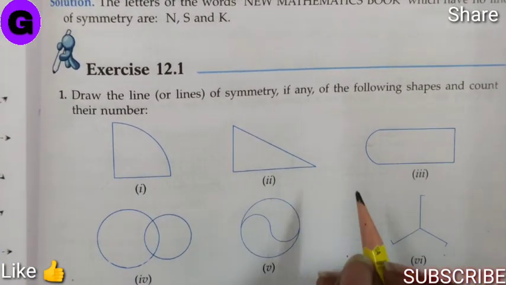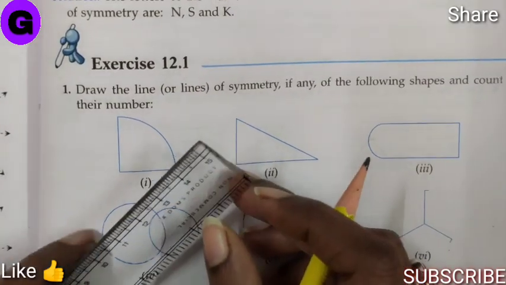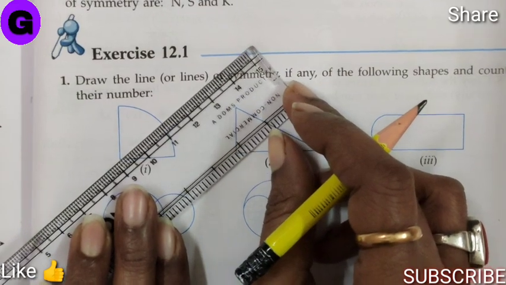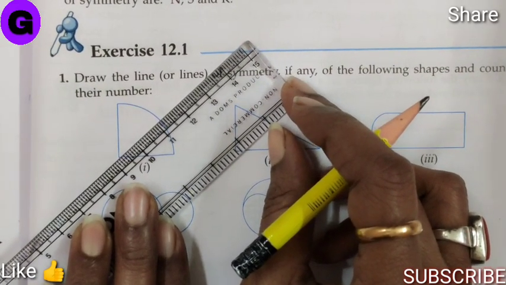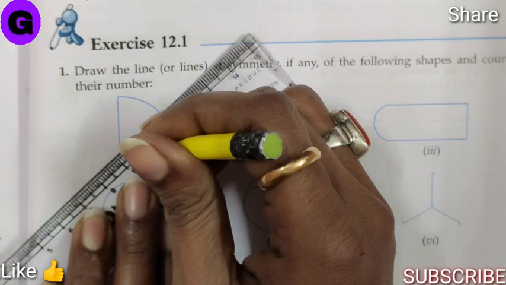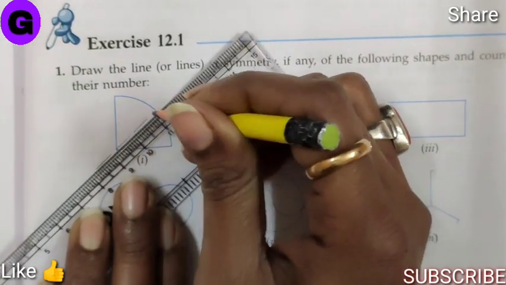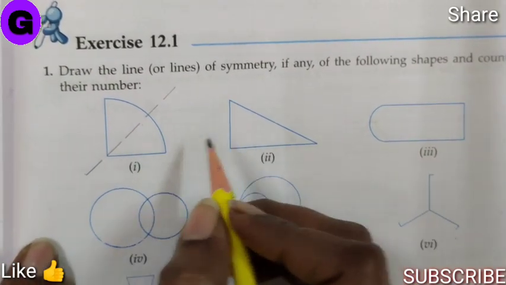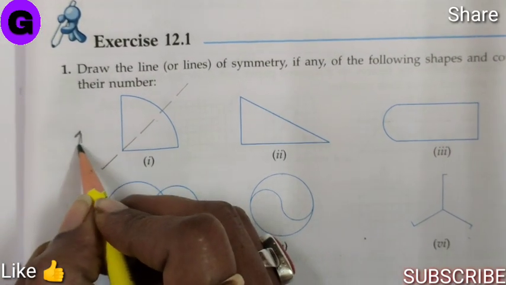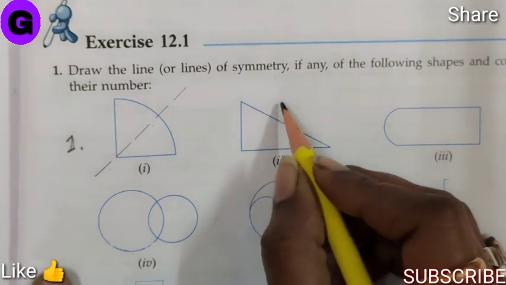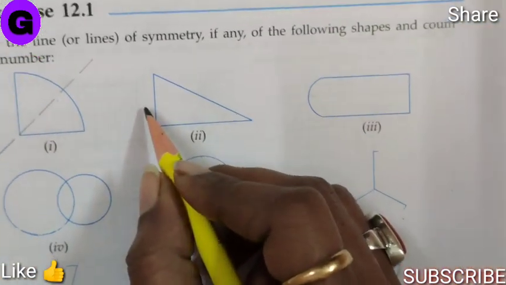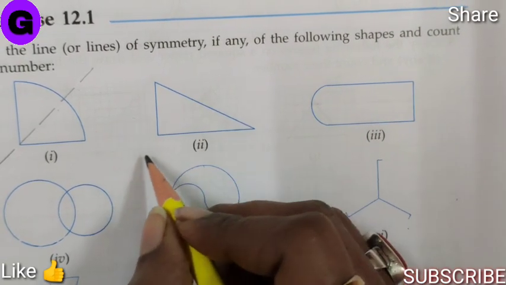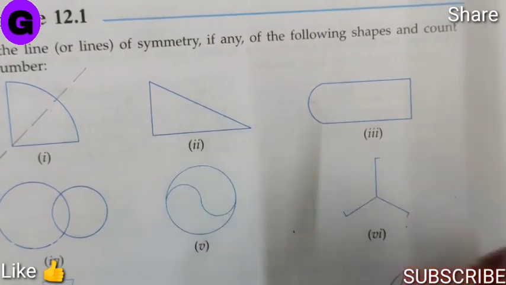Now this is a quarter of a circle, so this can be divided only into two equal halves. So this is the line of symmetry and the number is just 1. This is a scalene triangle with all three sides of unequal length, so it has no line of symmetry.